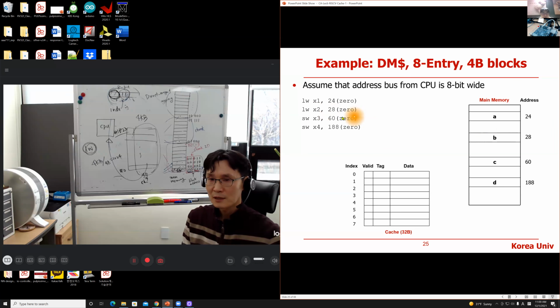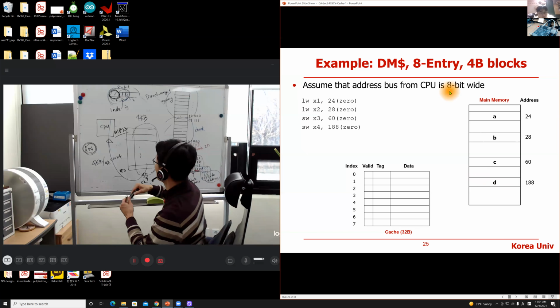The third instruction stores X3 to location 60, so you overwrite C. And the last one writes X4 to location 188, so you overwrite this data.